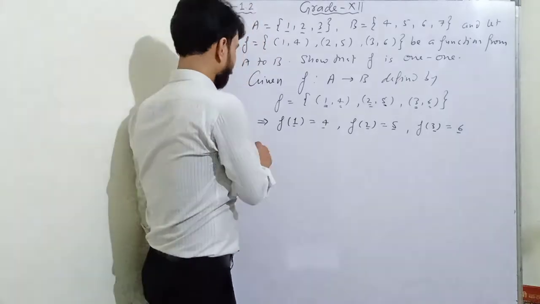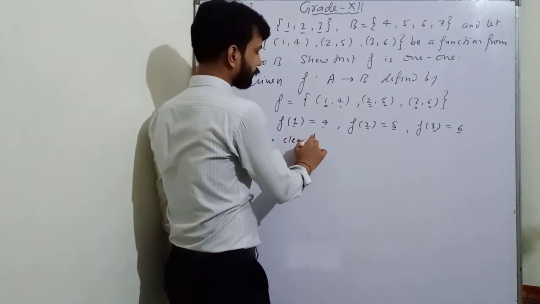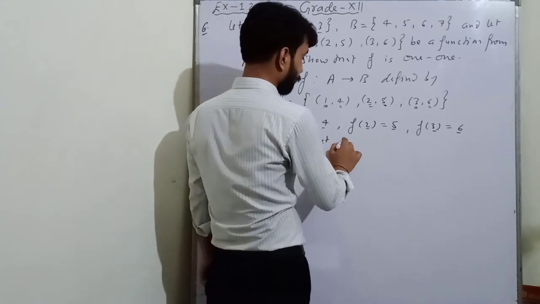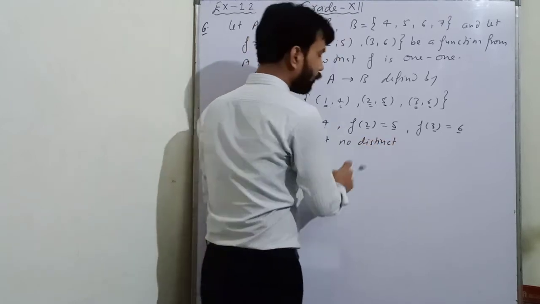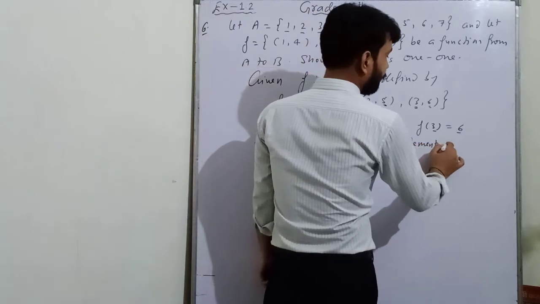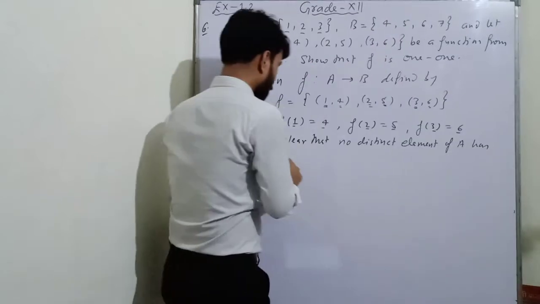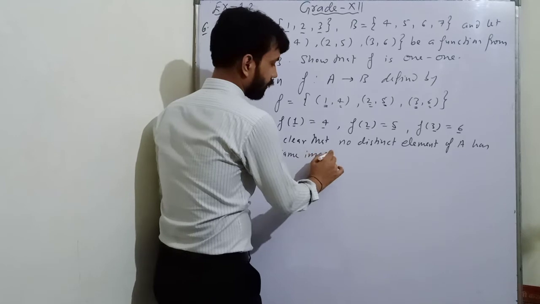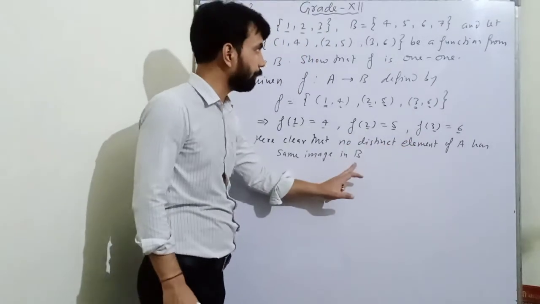So we have to write here, clear that no distinct element of A has the same image in B. A is domain and B is codomain.